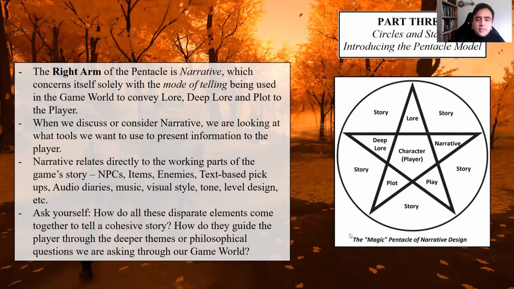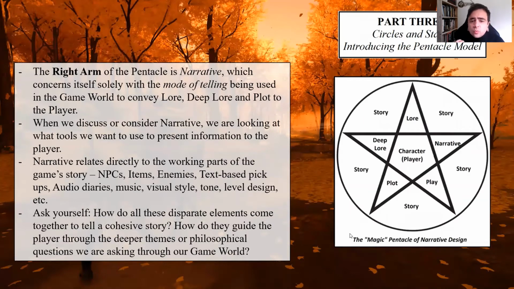So the right arm of the pentacle is narrative. Now, narrative concerns itself solely with the mode of telling being used in the game world to convey lore, deep lore, and plot to the player. When we discuss or consider narrative, we're looking at what tools we want to use to present information to the player.